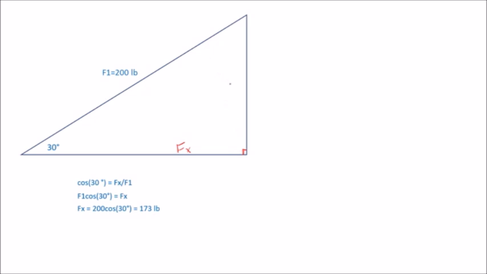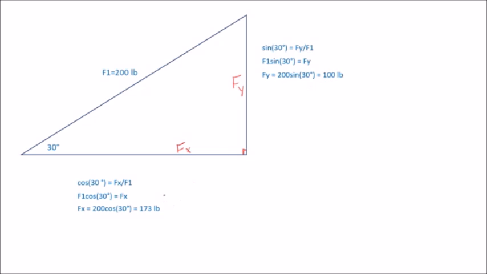We want to do the same thing for this side length here. We have Fy, and we can say that the sine of 30 degrees is equal to Fy divided by F1. We'll do the same thing again: multiply both sides by F1, and then when we plug in that 200 pounds for F1, if you remember the sine of 30 degrees is 1/2, we get a vertical component of 100 pounds.